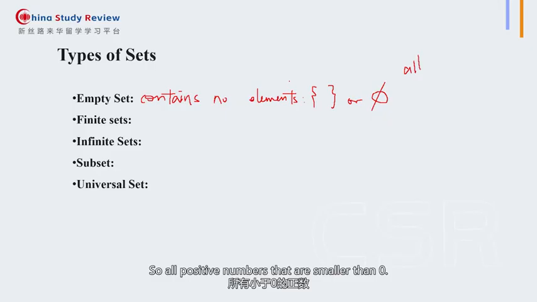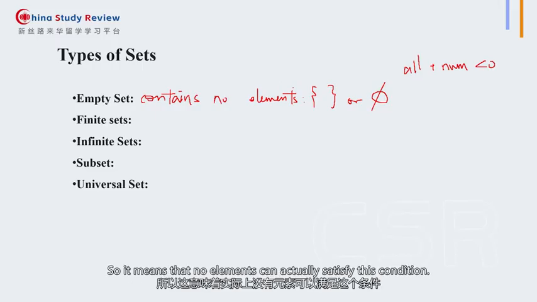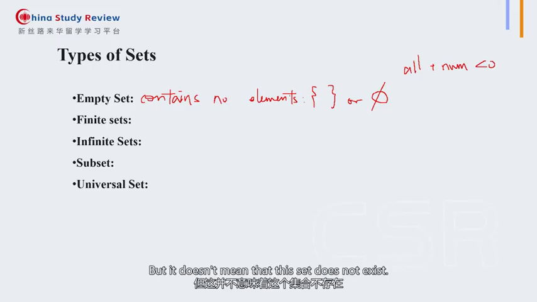The thing is that you can still create a set of all positive numbers smaller than 0, although there are no positive numbers smaller than 0. It means that no elements can satisfy this condition, but it doesn't mean that this set does not exist.